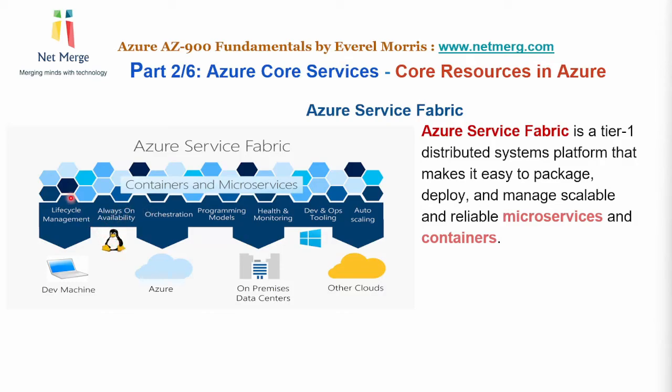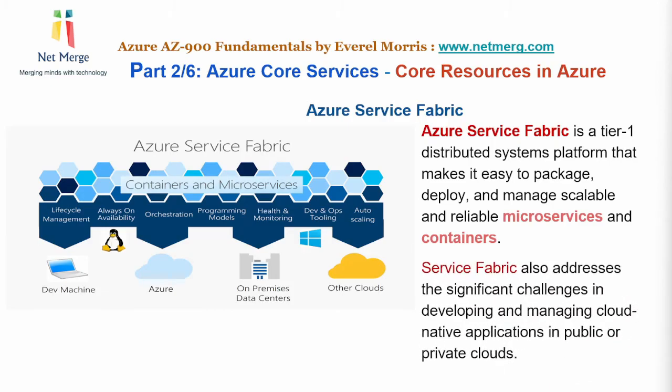This is your Linux, and this is the lifecycle management with your DevOps machine. Really powerful tool. I want you to understand it. Now, Azure Service Fabric also addresses significant challenges in developing and managing cloud native application in public or private cloud. So you want to understand that as well.